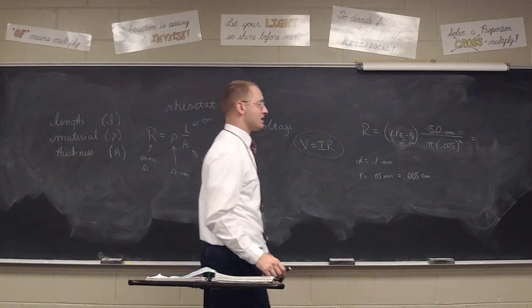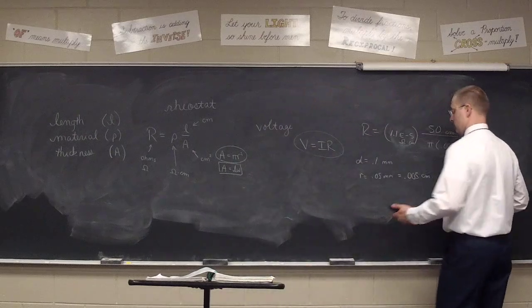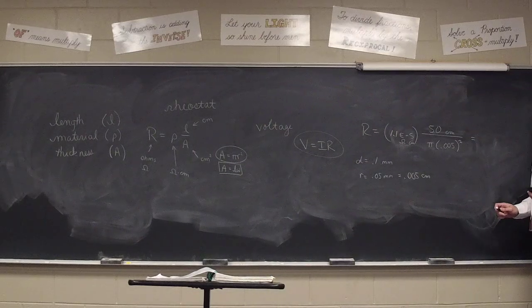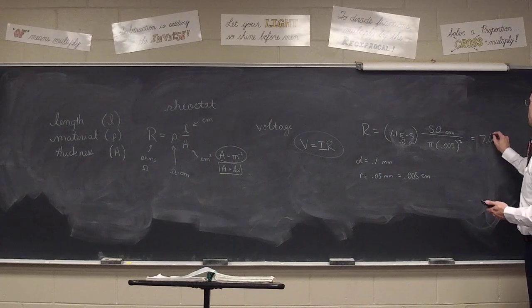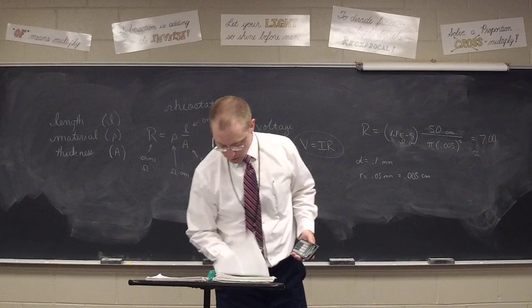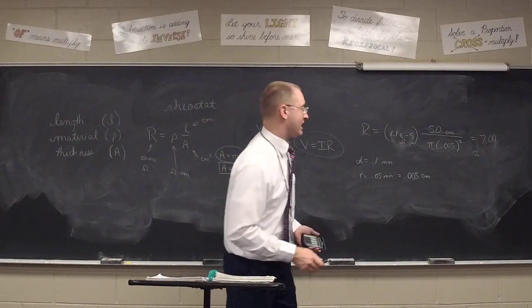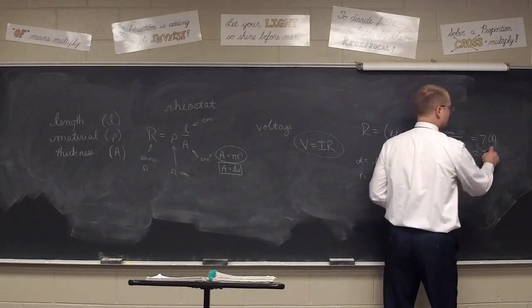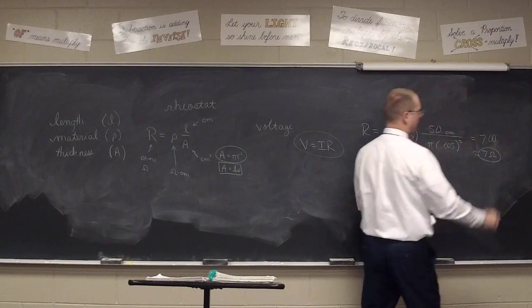And how much resistance this time? I got a 7.00 blah blah blah. Is it 1 sig fig again? It is 1 sig fig again, so just a nice easy 7 ohms of resistance.